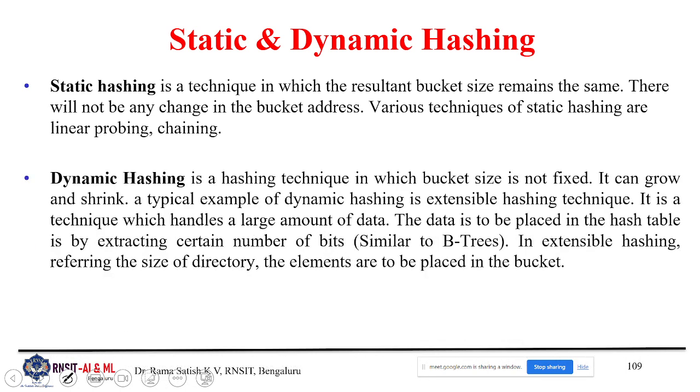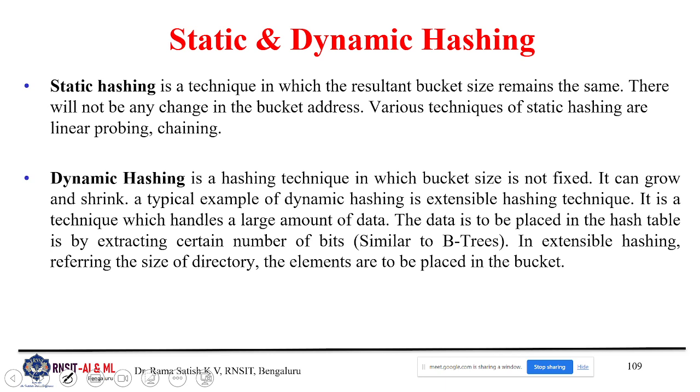And dynamic hashing is a technique in which bucket size is not fixed, and of course it can increase or decrease, grow and shrink. A typical example is what we have seen previously, that is rehashing. Extensible hashing is a technique which handles a large amount of data.